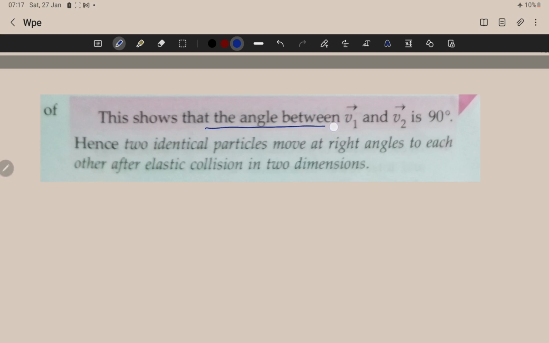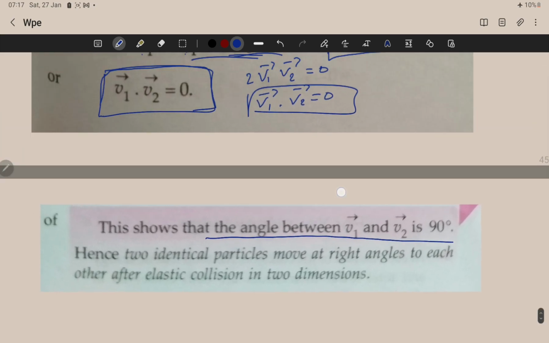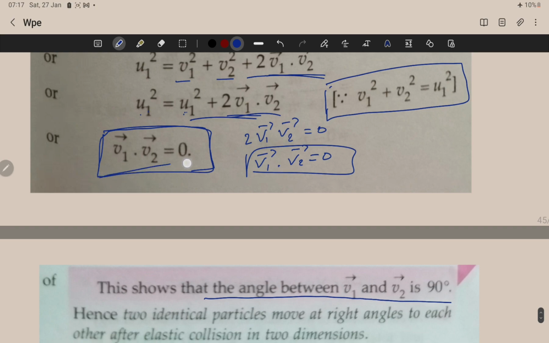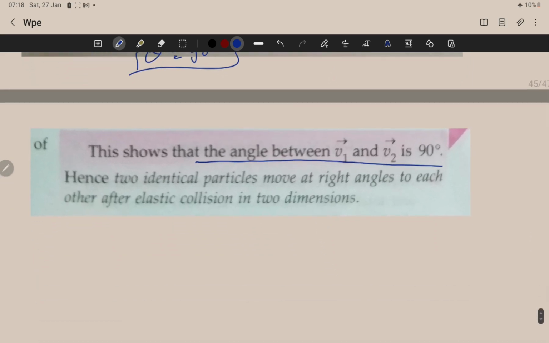This shows that the angle between v1 vector and v2 vector is 90 degrees. We know the dot product being 0 means the angle between them is 90 degrees. Hence two identical particles move at a right angle to each other after elastic collision in two dimensions.